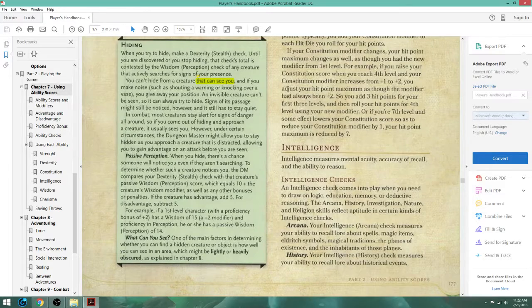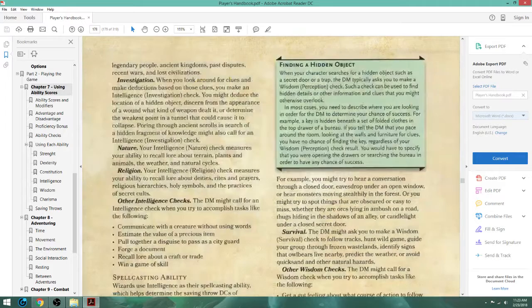Arcana is learning about historical lore on Arcana, spells, magical items, ruins, magical traditions, planes of existence, and such. Nature is more towards terrain, plants, animals, weather, and the natural cycles of life. Religion is more towards the aspect of religion, deities, rites, symbols, and practices.